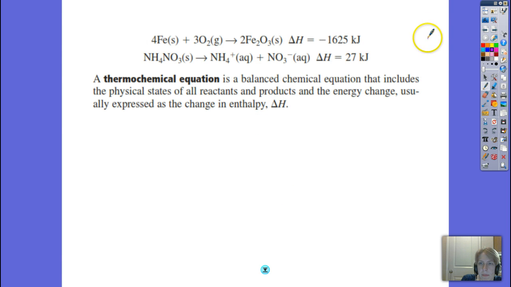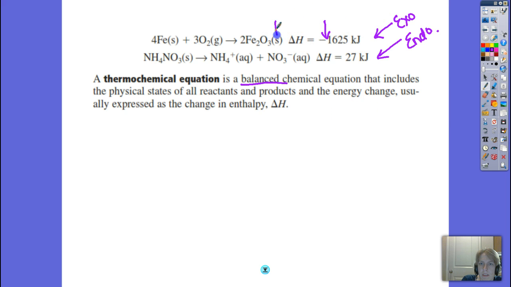Here is an example of a thermochemical equation, actually two of them. So we have an exothermic and an endo. Notice how we have a negative sign here, so it's exo, and then this one's endothermic. So a thermochemical equation is a balanced chemical equation that includes the physical states of all reactants.